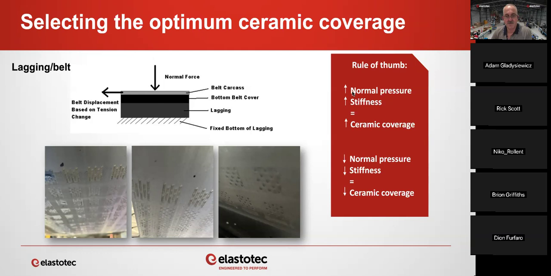As our general rules of thumb, as the normal pressure that's being applied increases, and as the belt stiffness increases, then we should be looking at increased ceramic coverage. As the normal pressure reduces and the belt becomes more flexible, then we want to reduce our ceramic coverage and make the lagging more flexible so that it can move with the belt retracting.